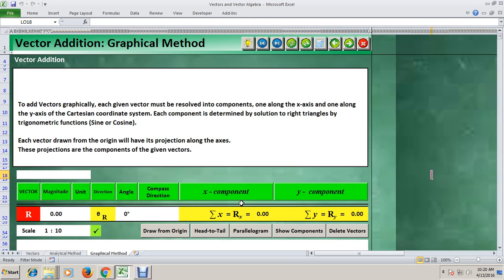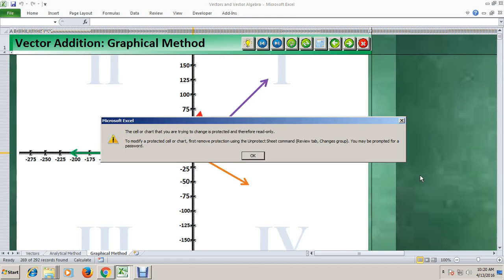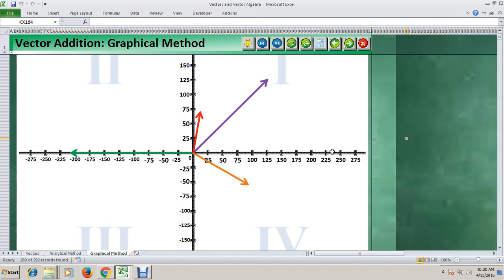Now let's try to have an example of a drawing for the vector addition. Let's try to draw first the arrows, drawing the arrows from the origin. As you can see, we have actually 4 vectors here.